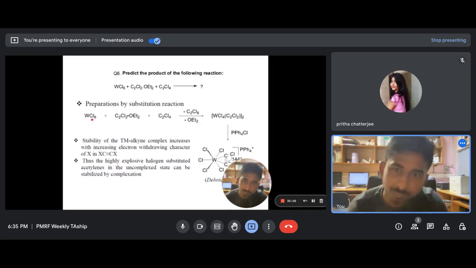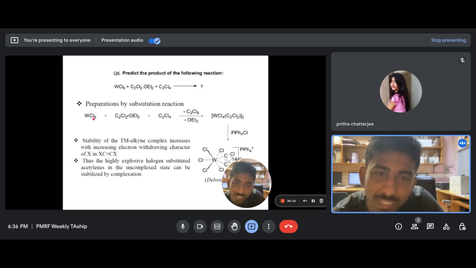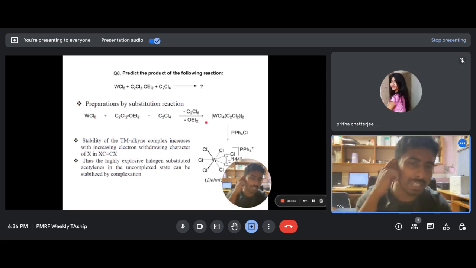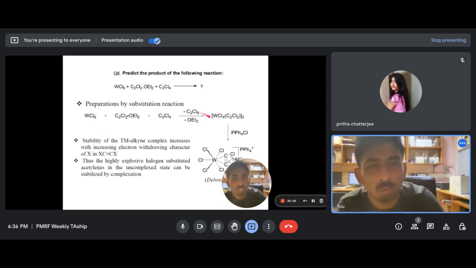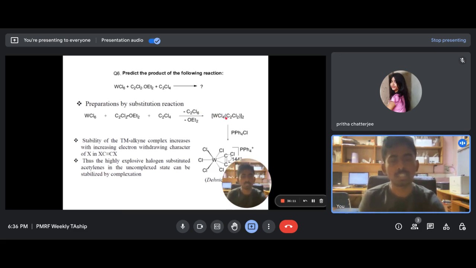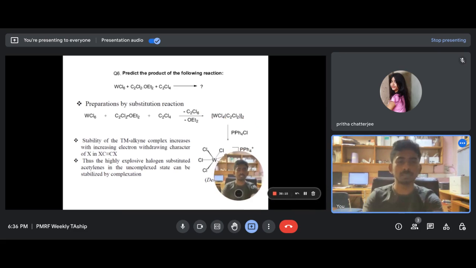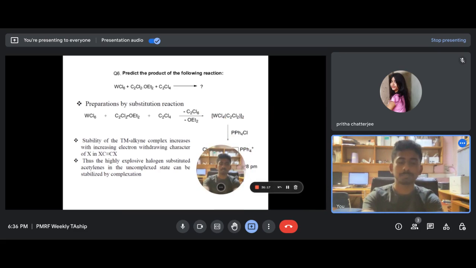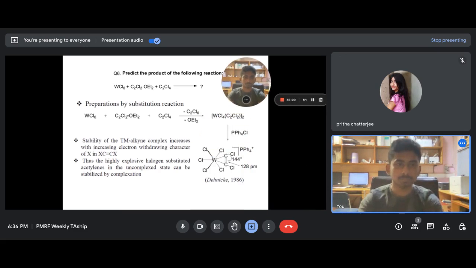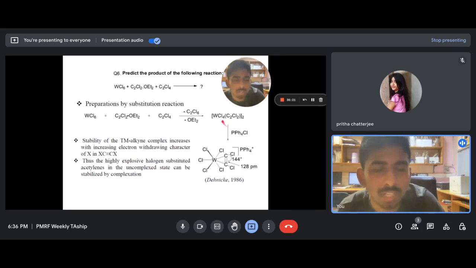So 2 Cl atoms will be taken up from C2Cl4, and that's why it will be eliminated as C2Cl6. And C2Cl2 will be bound to the corresponding tungsten system. It is a dimeric kind of system because 2 similar systems are taken up here. There occurs a W2Cl4(C2Cl2) dimeric system.